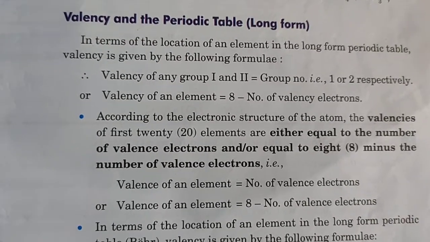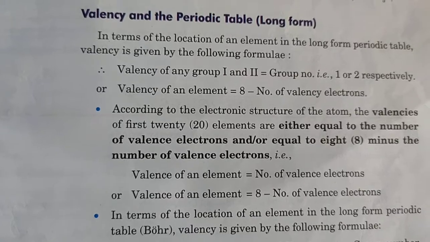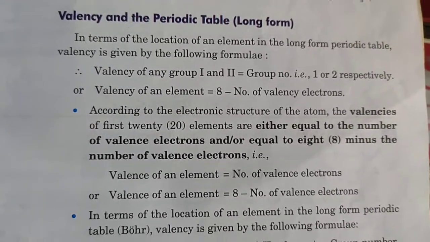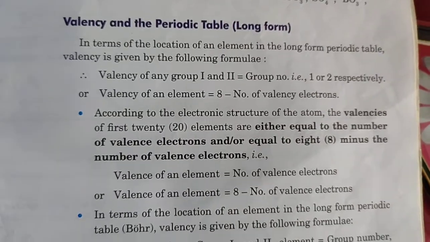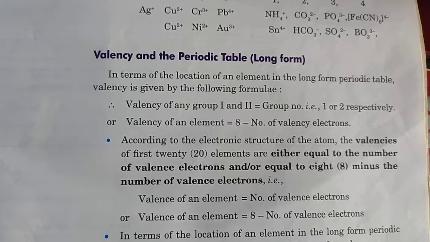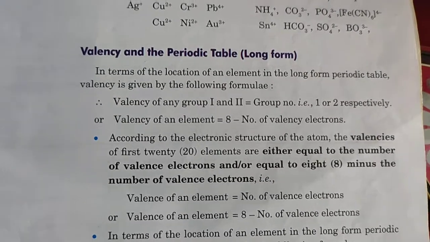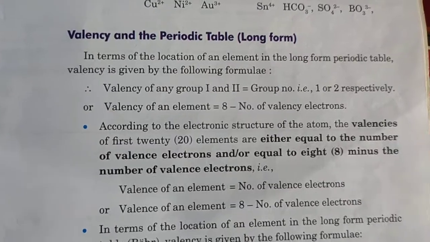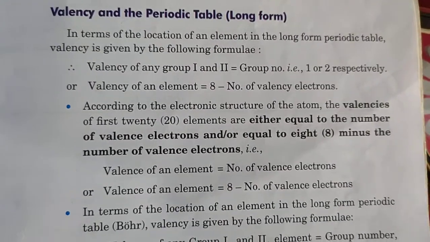You will subtract the number of valence electrons from 8. Suppose an element has 5 electrons in the outermost shell, then 8 minus 5 is equal to 3. So that element has valency 3.